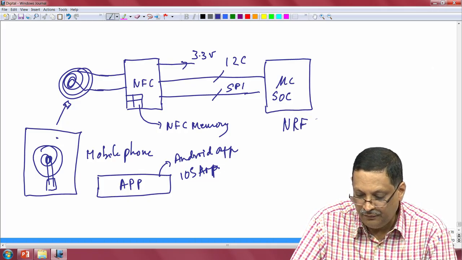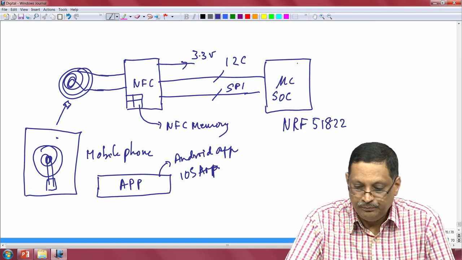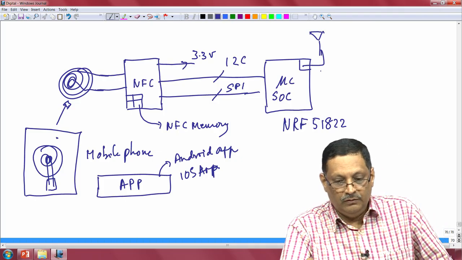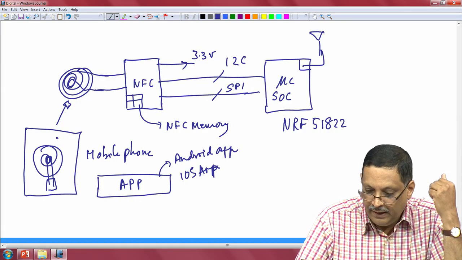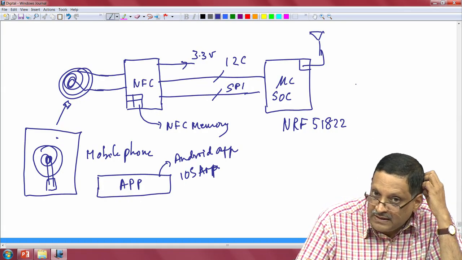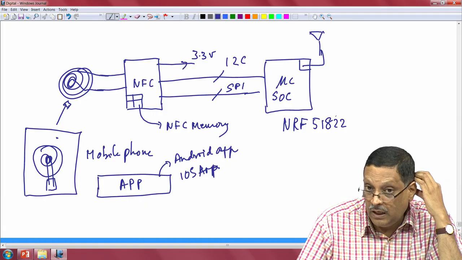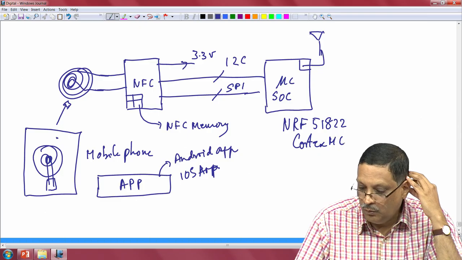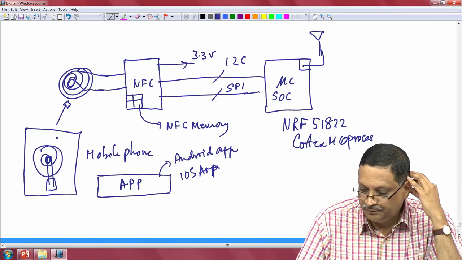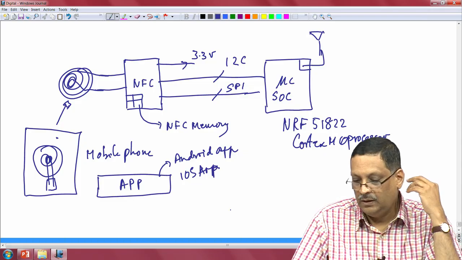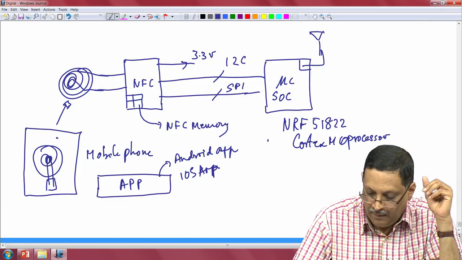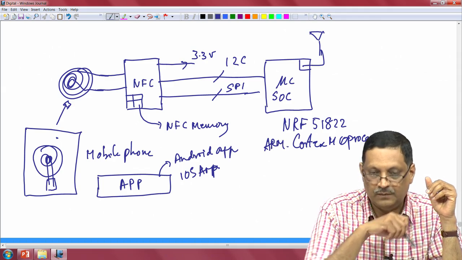The famous NRF51822 is a SoC which has a BLE module inbuilt into the SoC, and the NRF51822 itself is a Cortex M0. It is a 32-bit ARM Cortex M0 processor.